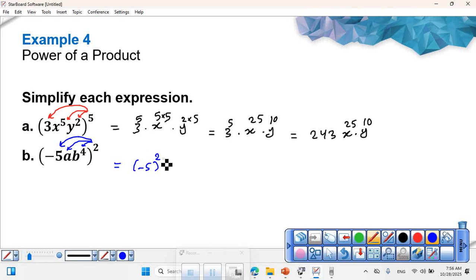That's to the power 2, a to the power 2, also b to the power 4 times 2. Don't forget this. This equals, I think, 25, because negative to the power 2 is positive, 25 a squared b to the power 8. That's it.